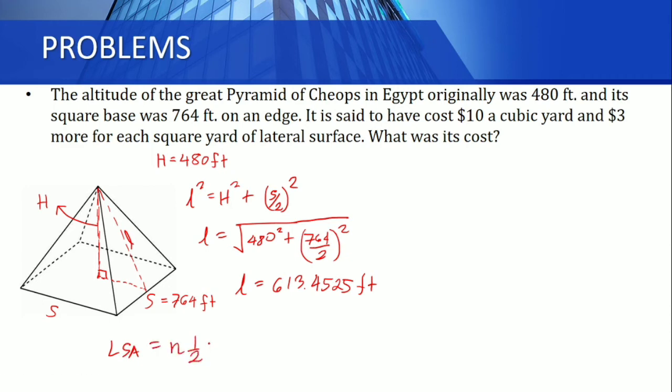So yung magiging lateral surface area natin will be, so lateral surface area is equal to N times 1/2 SL. So apat yung triangle natin, so that will be 4 times 1/2 times yung S natin which is 764, times yung L natin na 613.45.